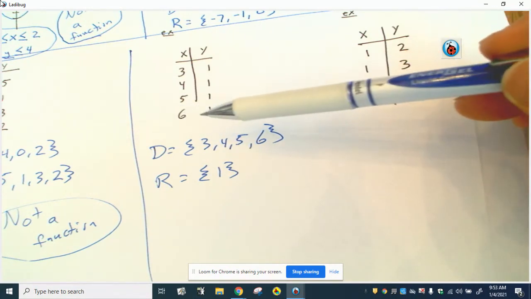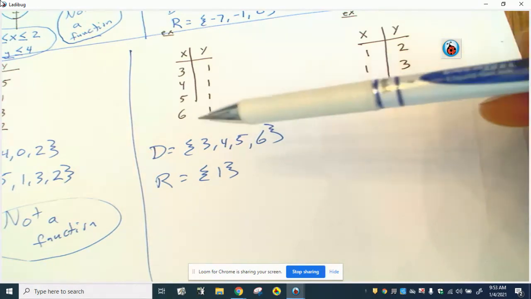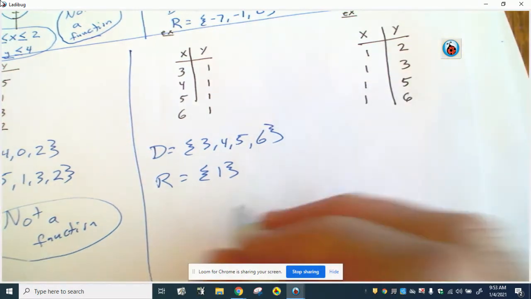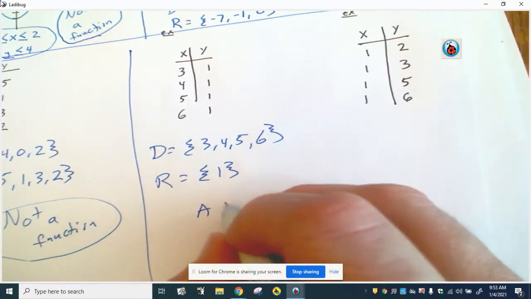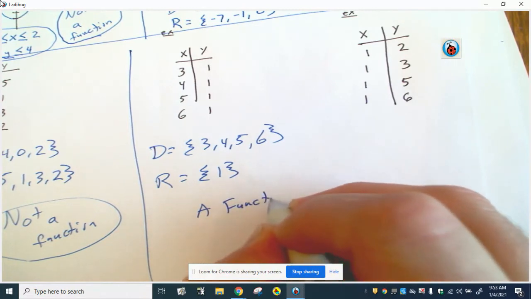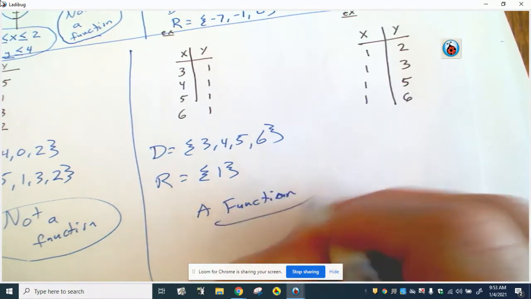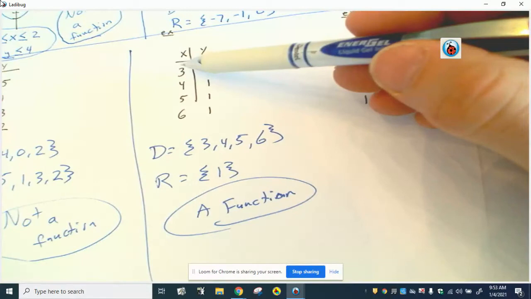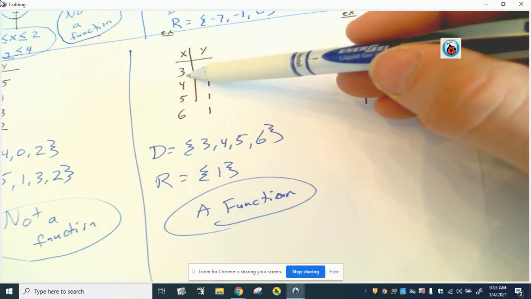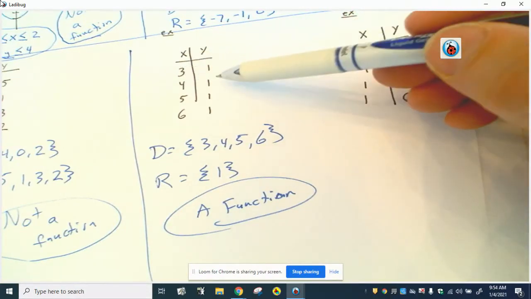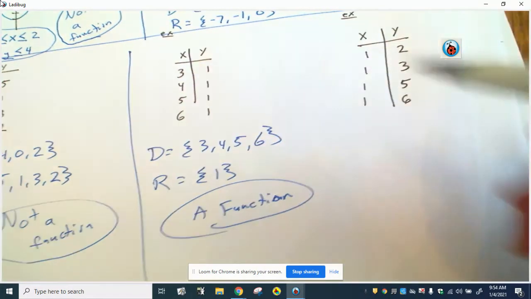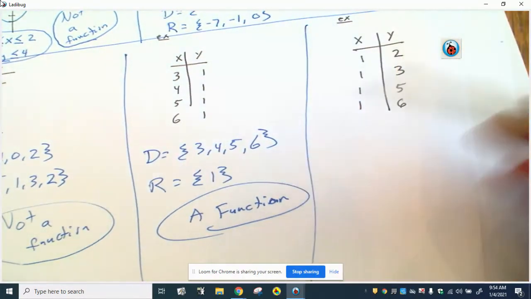I press the sixth button, I got a Coke. Is it a broken machine? No. This is a function. And the reason it is a function is we don't have the same input giving me different outputs. We just have the same output all the time. So yes, this is a function.